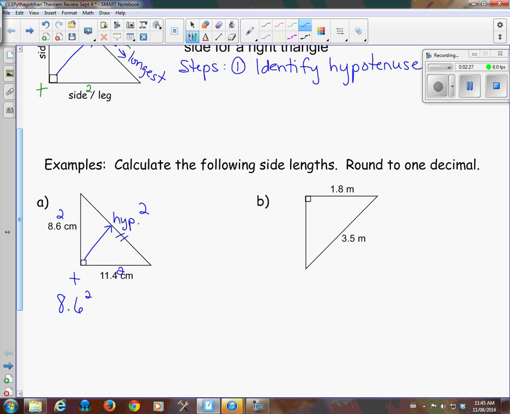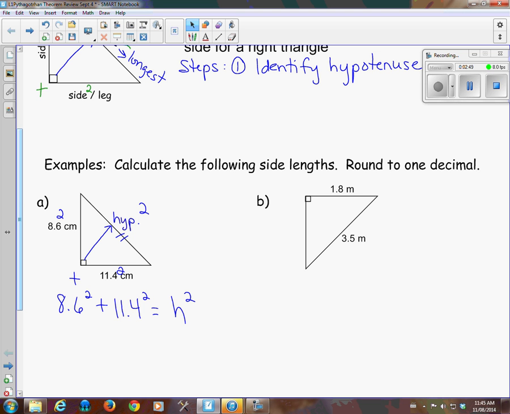The side squared, 8.6, plus the side squared, 11.4, is going to equal the hypotenuse squared. And usually rather than put a word, we'll put a letter. I'm just going to use H for hypotenuse.